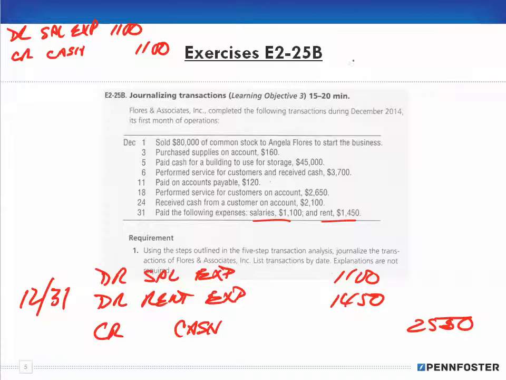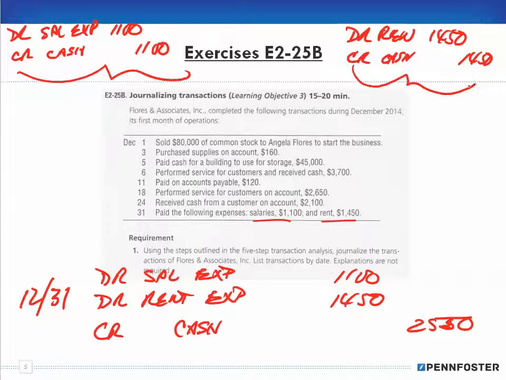And then over here, I'm going to credit cash for $1,450, and I'm debiting rent for $1,450. I could have made 2 separate journal entries. I paid one for salaries, and then I paid the second for the rent. And that would be acceptable. Technically, it would be right.